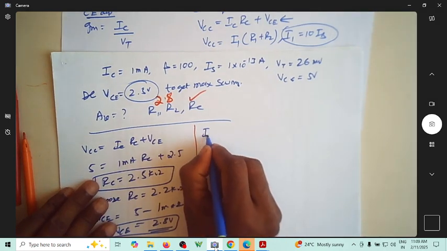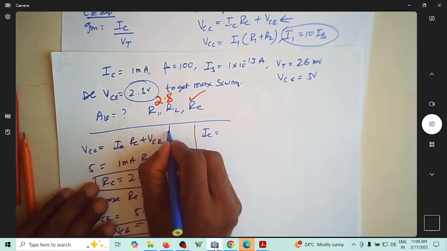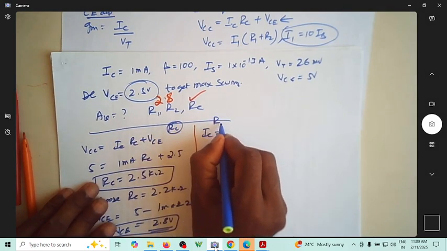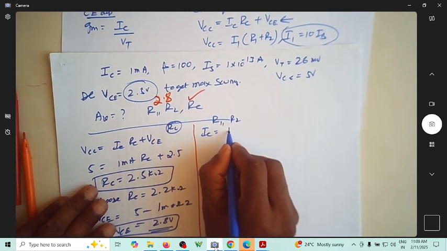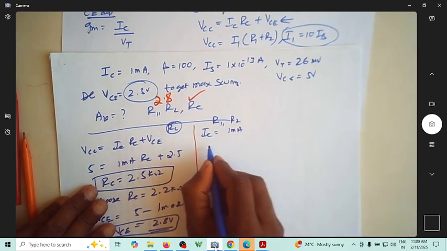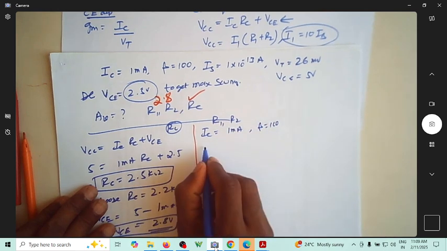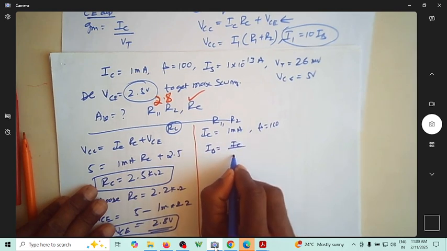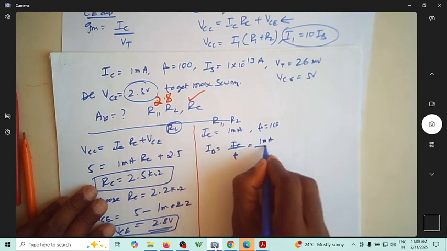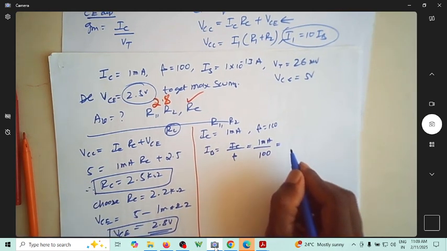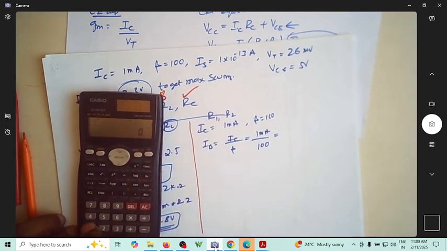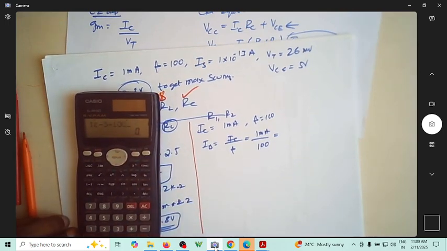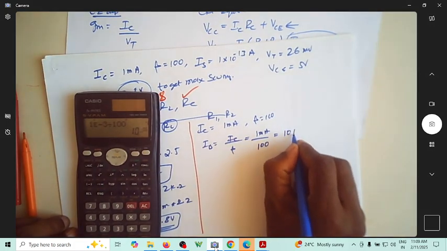Now the RC is found out here. Now there is the question of R1 and R2 that I need to find. To find R1, R2, IC is given as 1 milliampere. Using beta of 100, IB is equal to IC by beta, which is 1 milliampere divided by 100, which is 10 microampere.